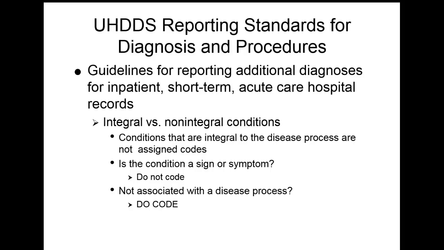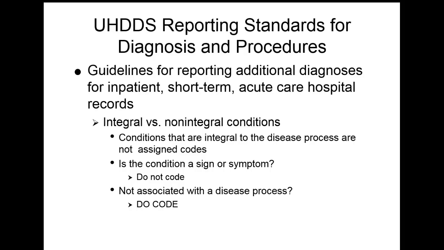In this example, the brain cancer is the principal diagnosis because that is the condition that's occasioning this admission. And we are also going to code the fact that the patient has seizures, and we're going to code this personal history of lung cancer.